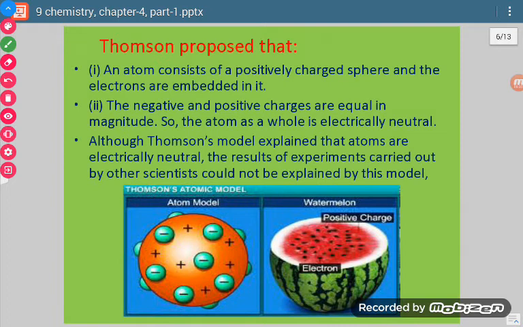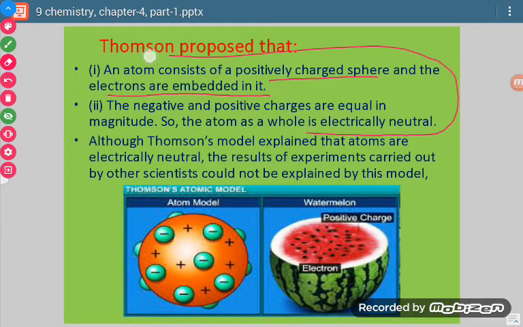Now see what Thomson said. Thomson said that an atom consists of a positively charged sphere and the electrons are embedded in it. Embedded means they are placed in a fixed position. The second postulate was that the negative and positive charges are equal in magnitude, so the atom as a whole is electrically neutral.